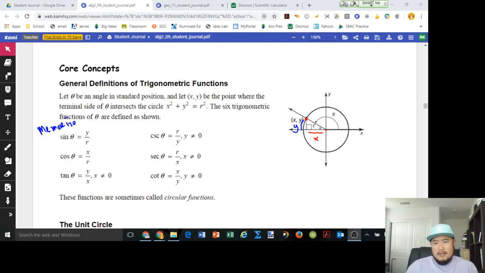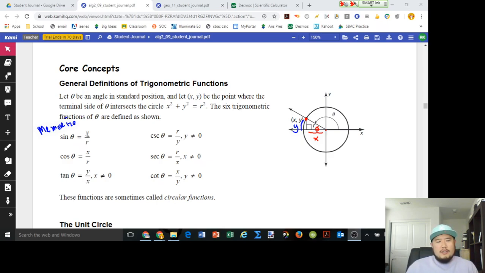But if we take a look at this angle right here, and we have sine theta. Now, if this is theta, remember, sine is opposite over hypotenuse. Well, opposite of this angle is y, the hypotenuse is r, and that's why right here sine theta is equal to y over r.